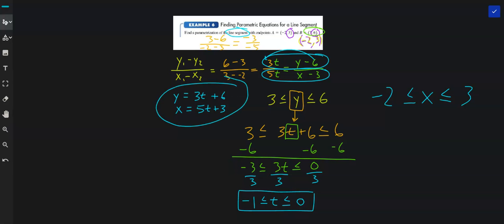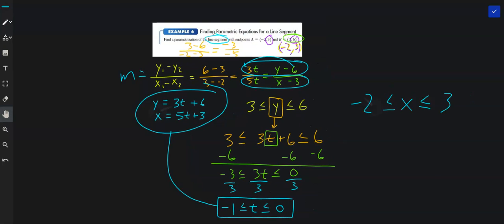So we needed these with those parameters for t. So you start out basically identifying the slope, and that's how we got the 3 over 5. And yes, then I multiplied.